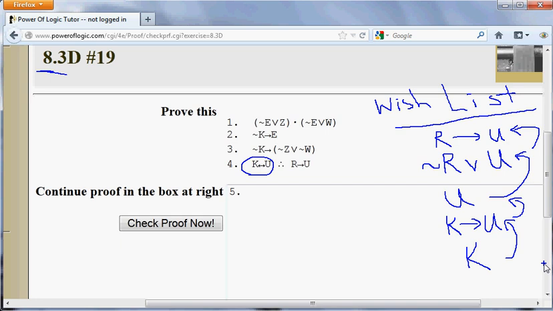So basically my target here is going to be to get K by itself. I'm actually going to erase this wish list and try to get going. And if you want, you could pause again and think about how you might actually get started on this proof.